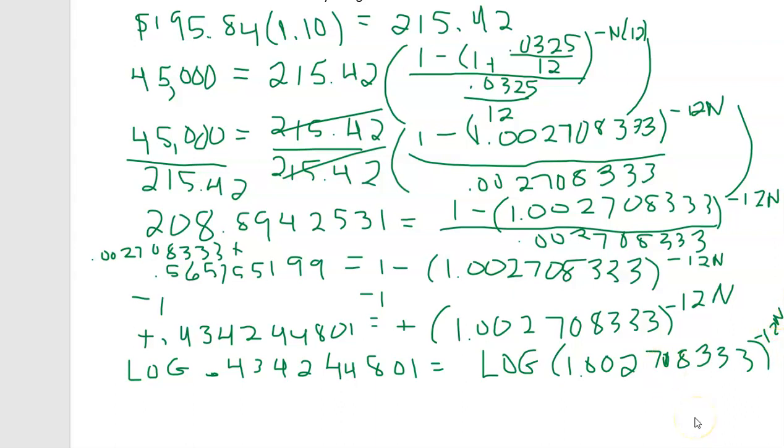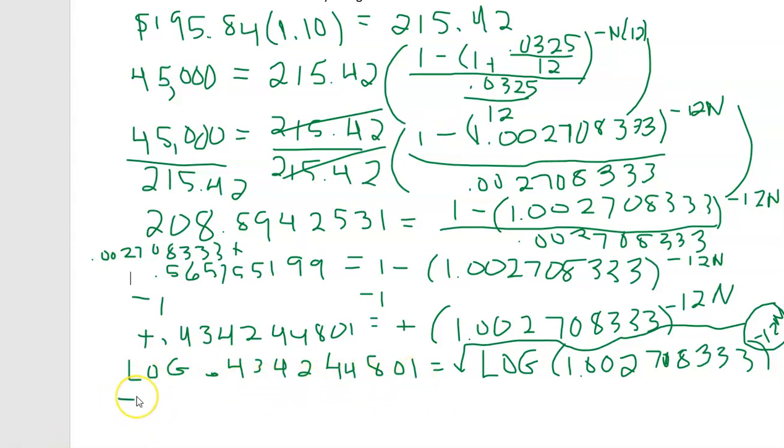Now, a logarithm allows us to take an exponent, like our negative 12n, and move it all the way to the front of the logarithm. So before I do that, just to make it easier to copy things down, I'm going to put this in my calculator. You'll find a log button on your calculator. So we're going to click log and put 0.342244801 in.